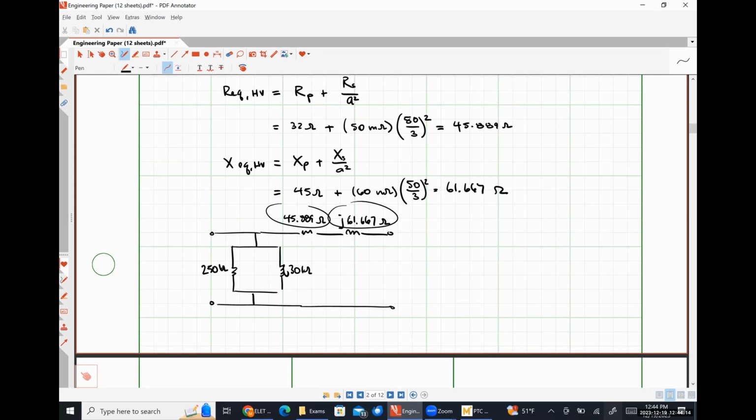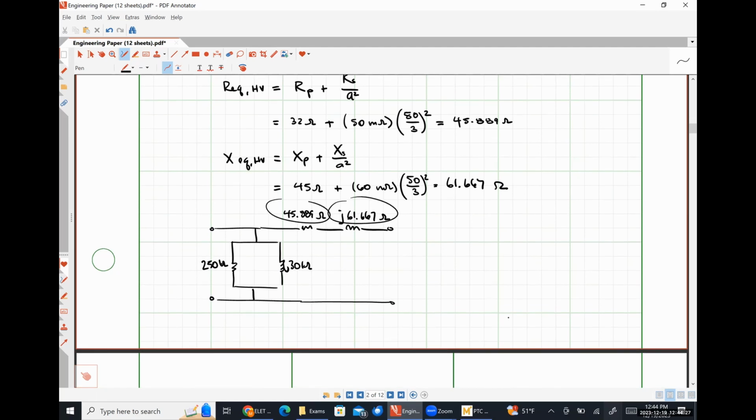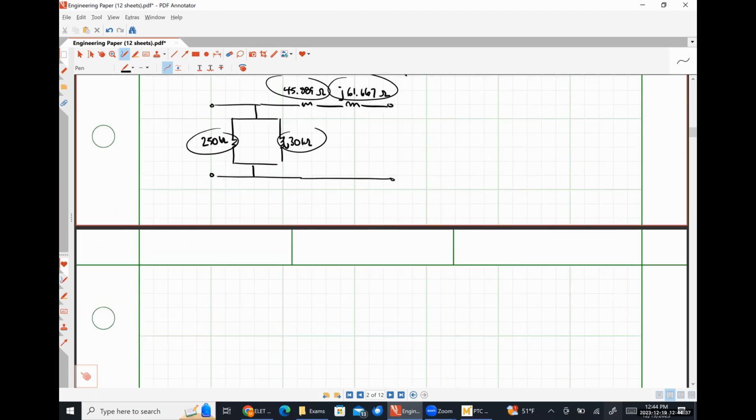So we could just refer that to the secondary side directly. How would we do that? Multiply by A squared, right? We're also going to wind up multiplying this guy by A squared, and this guy by A squared, to move it over.